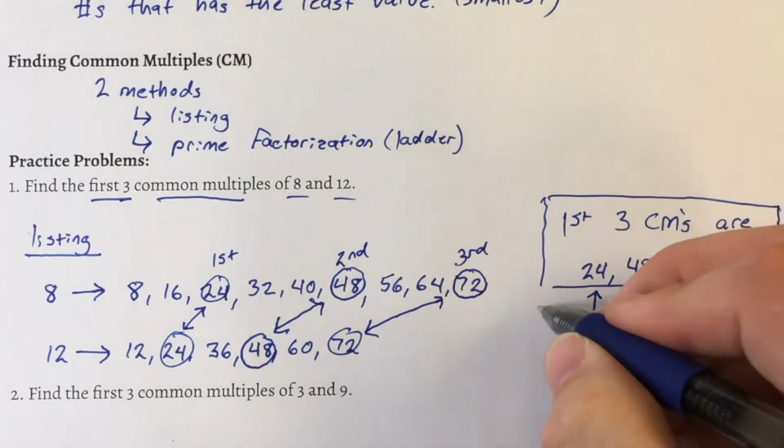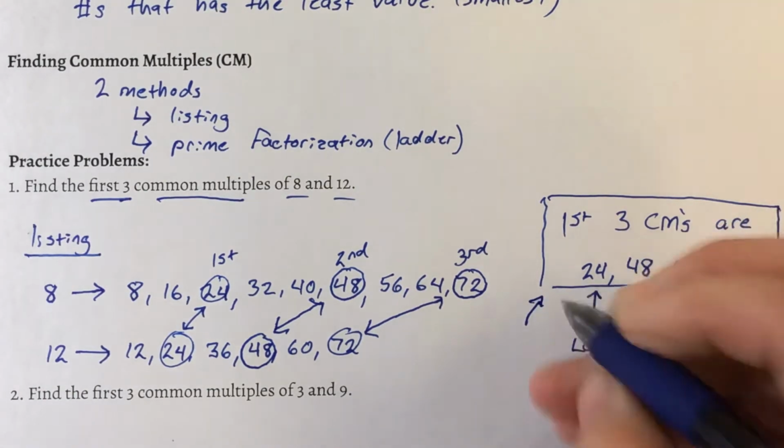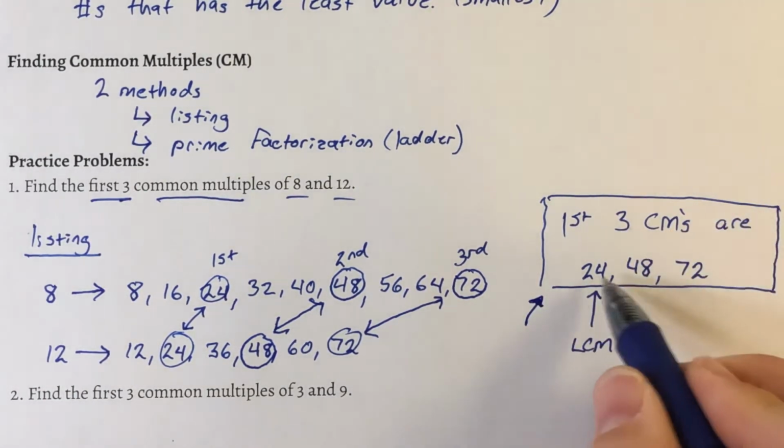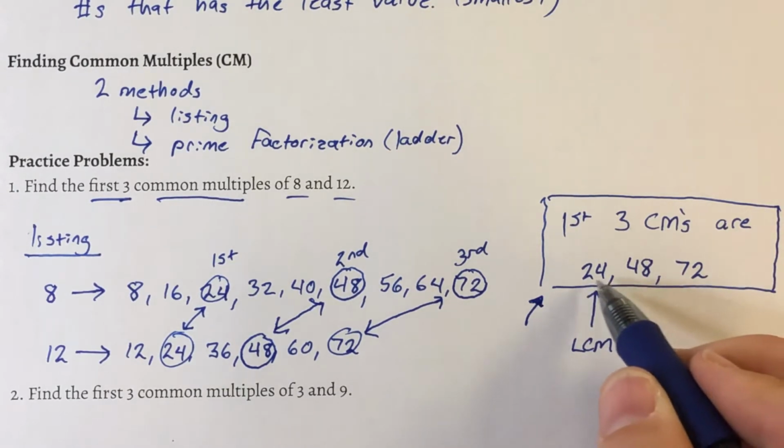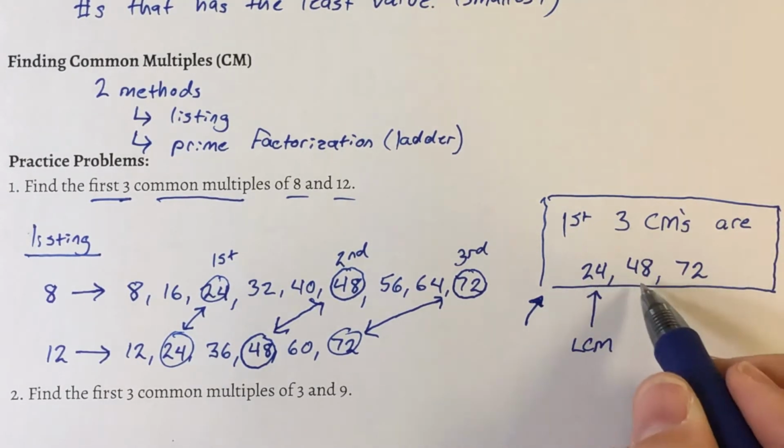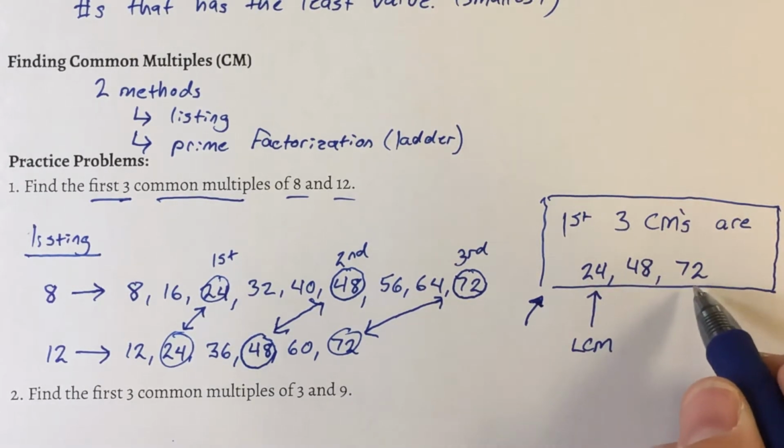One other thing I would like to point out, if you look at these numbers, you're going to notice we have 24, 48, and 72. 24 times 1 is 24, 24 times 2 is 48, and 24 times 3 is 72.